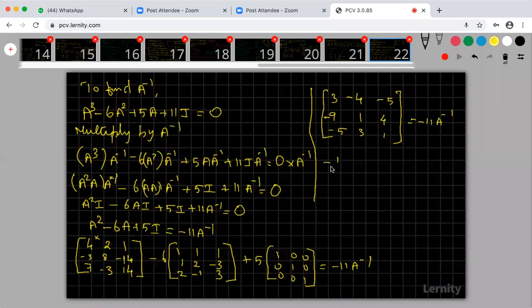So the final answer is minus 1 by 11 times this matrix. Bring this minus 1 to the left hand side because we need only A inverse. So therefore, it is minus 4, minus 5, minus 9, 1, 4, minus 5, 3, 1. This is our A inverse. Okay, please note this.